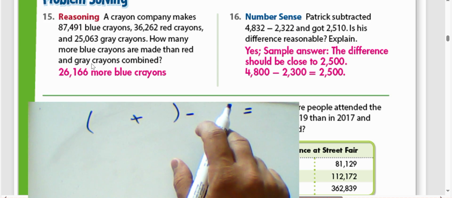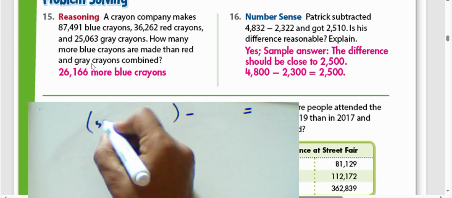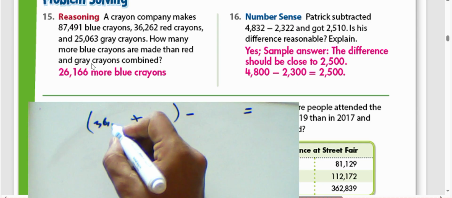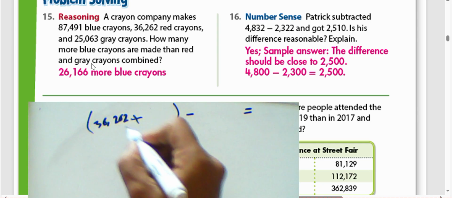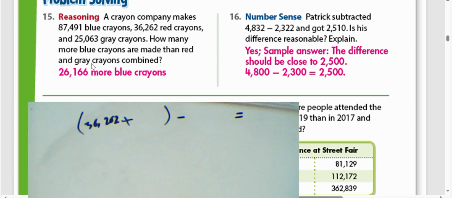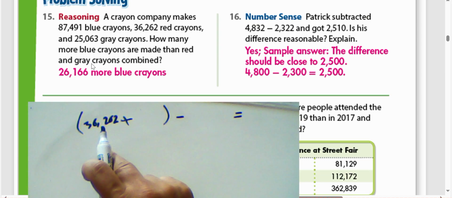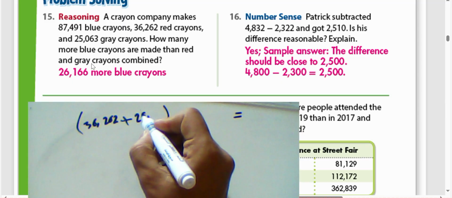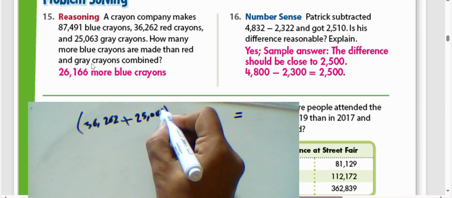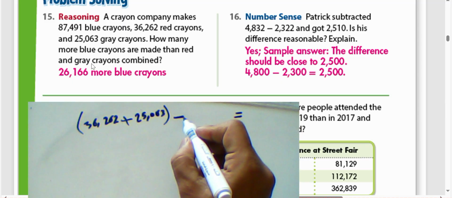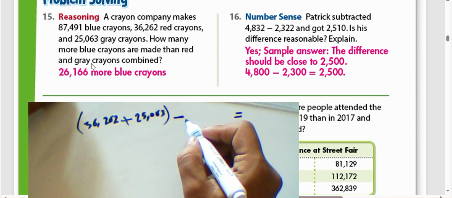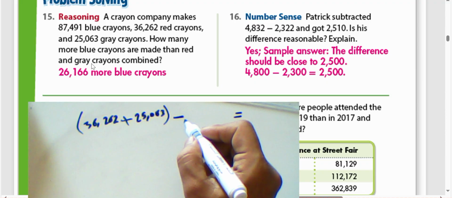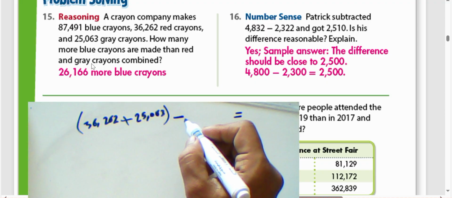Okay, we have 36,262, it was red. Okay, red, and gray was 25,063, and then find the difference from the first one, the blue.